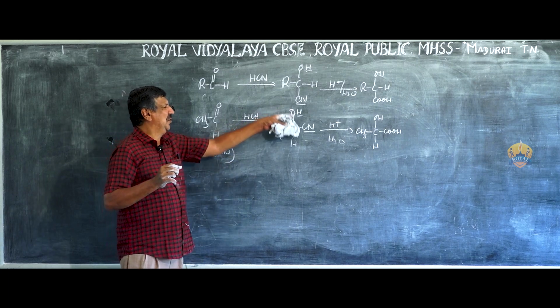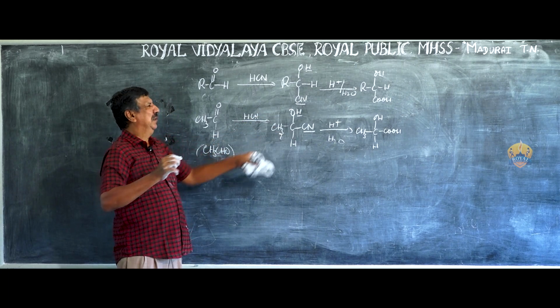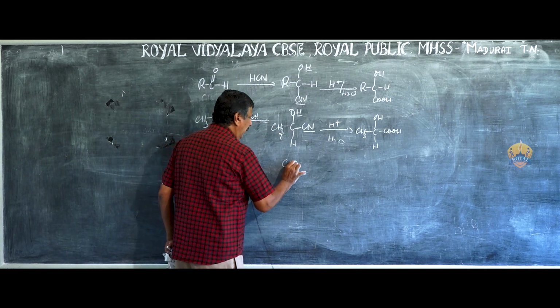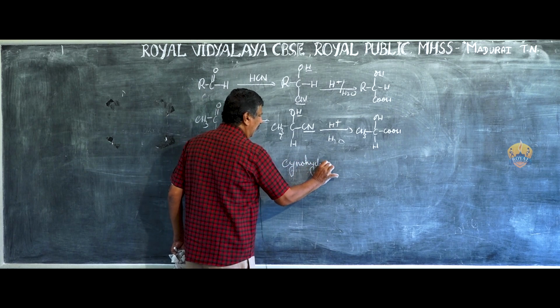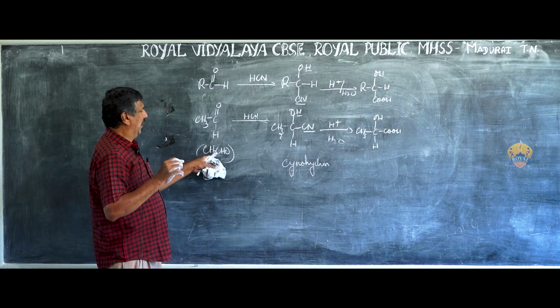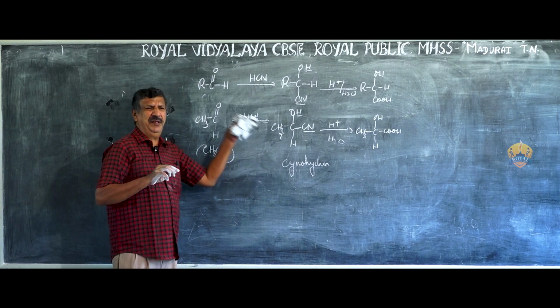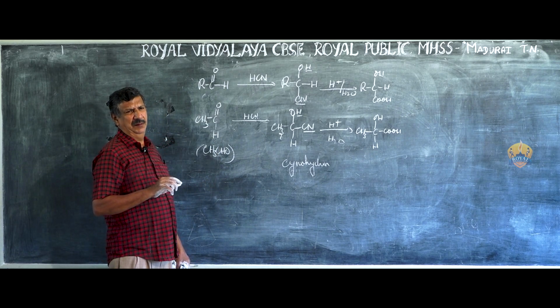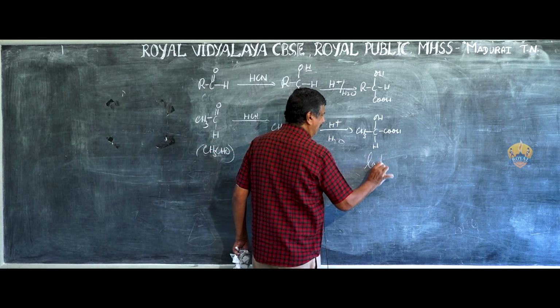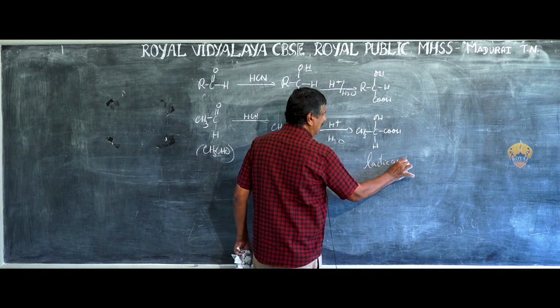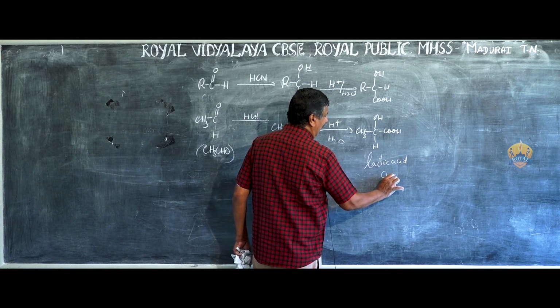What is the name of this compound? Generally the compound is known as cyanohydrin. When used for acetaldehyde, it is called acetaldehyde cyanohydrin. And what is the name of this product? This is lactic acid, which is present in the curd. Lactic acid.